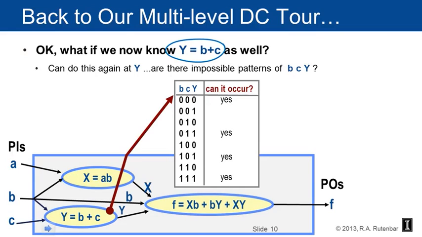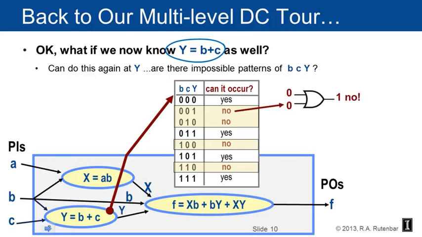So the 0, 0, 0 row is a yes. If you send any 1 into an OR gate, you get a 1 out. So the 0, 1, 1, 1, 0, 1, and 1, 1, 1 rows for b, c, y are a yes, which leaves the other 4 rows as a no. 0, 0, 1, 0, 1, 0, 1, 0, 0, and 1, 1, 0 cannot happen.